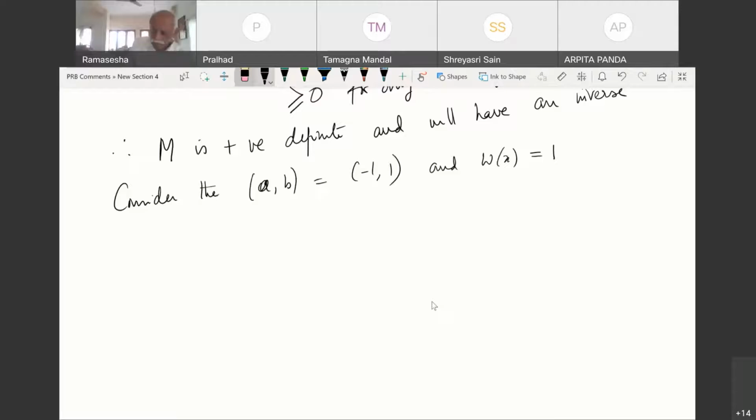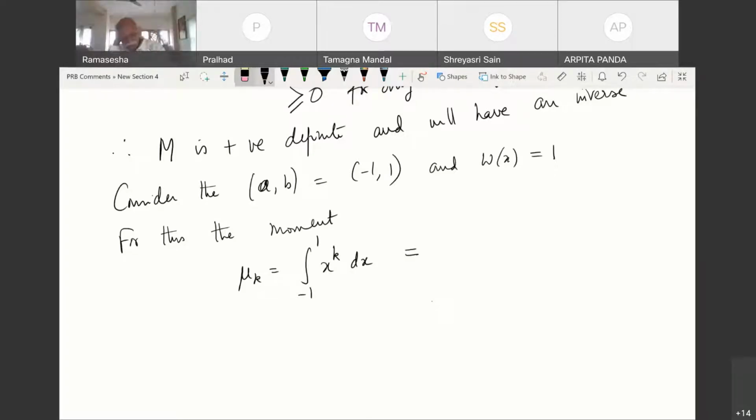Okay, now what you have is the moment mu k is equal to the integral from -1 to 1 of x to the k dx. What is the value of this integral, -1 to 1 x to the power k dx?